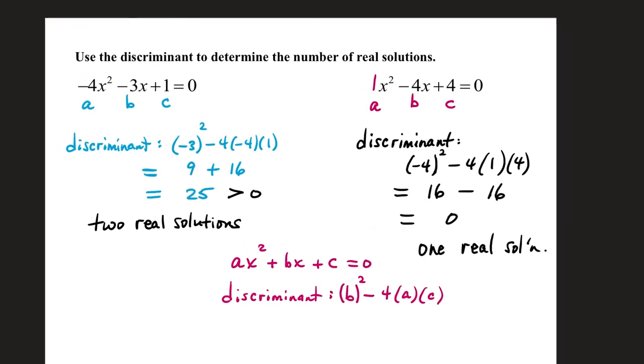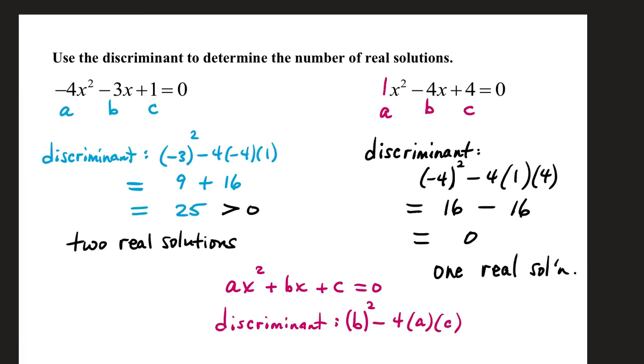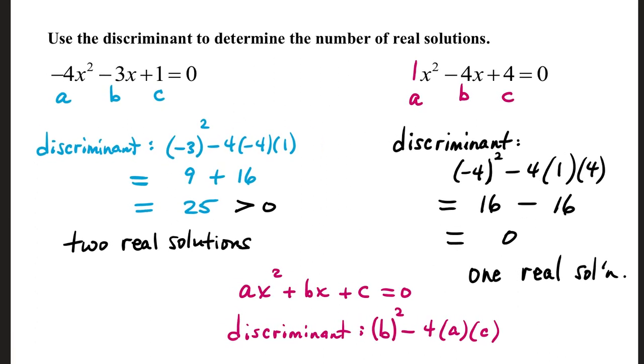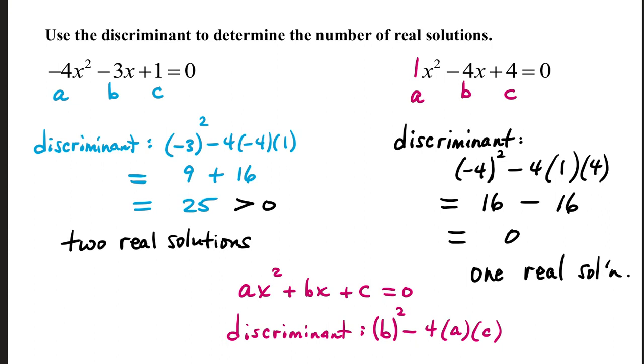And then finally, we're going to investigate how many solutions to expect from a quadratic equation. That's called the discriminant. The discriminant does not give you the solutions, it just tells you how many there are. In our first equation, all of our terms are on one side equal to 0.